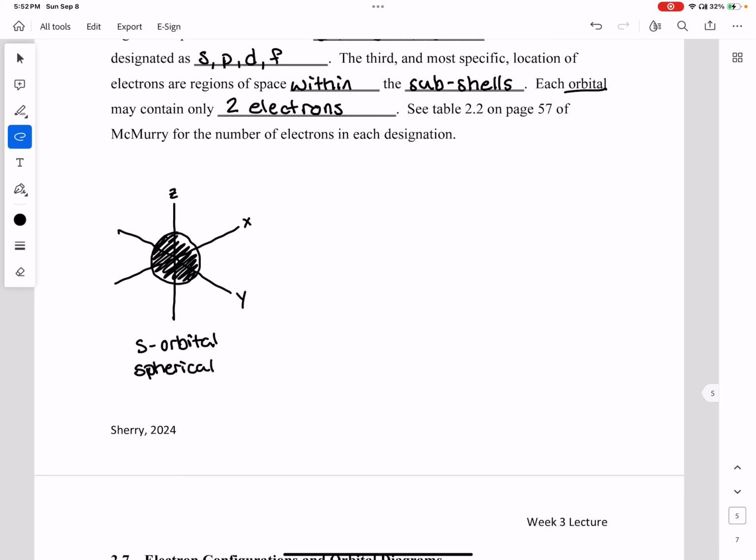So let's look at a p orbital, or I should say a set of p orbitals. So these are dumbbell shaped, and they exist along the axes of this Cartesian plane.